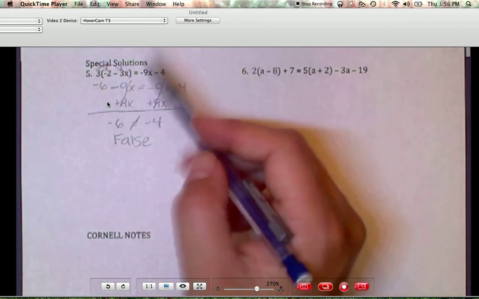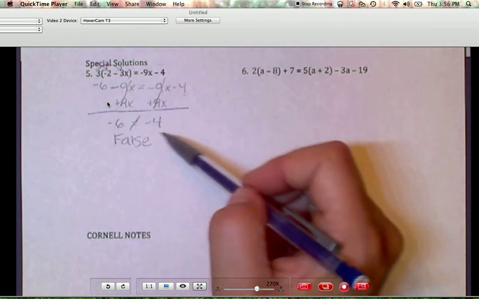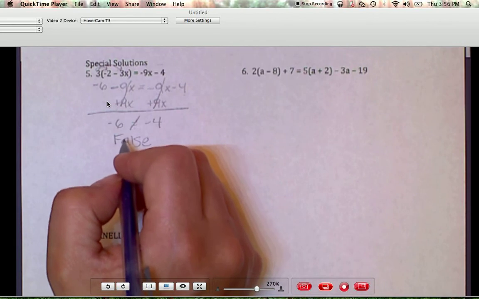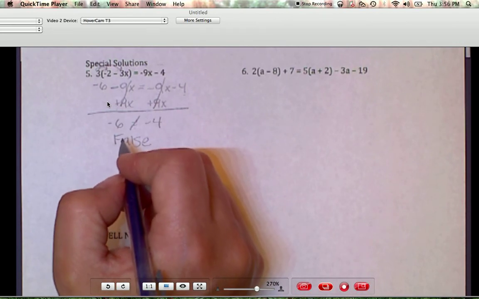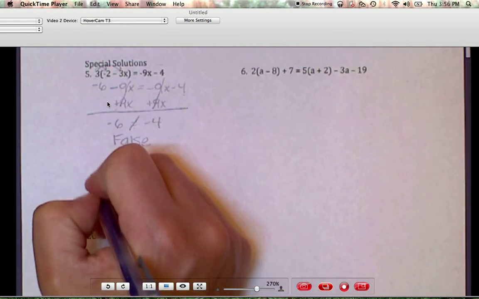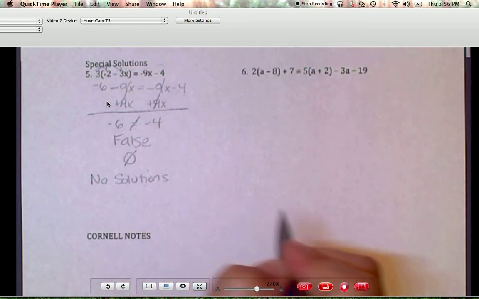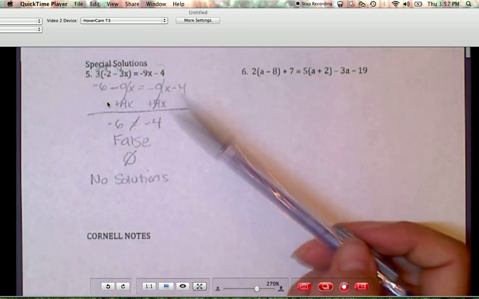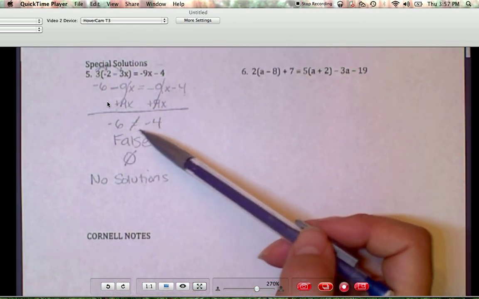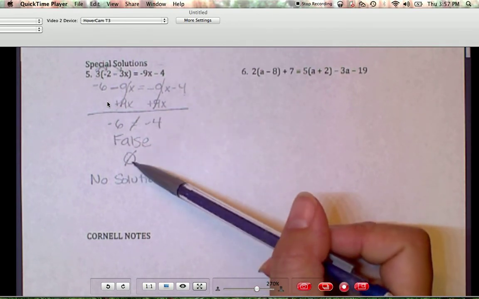There's no variable I could choose to get this to work because the variables will drop out. It will always be false. That means x can't be any value here. So the answer is the empty set, or you can write no solution or no solutions. So that's our first special solution when it comes out to be a false statement. When all the variables drop out, we get no solution.